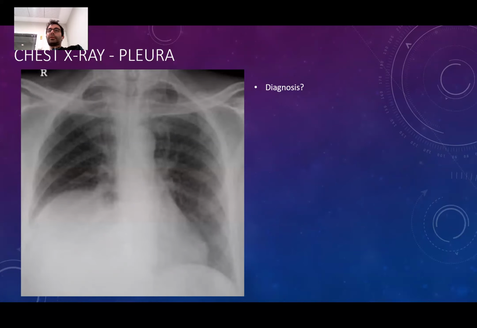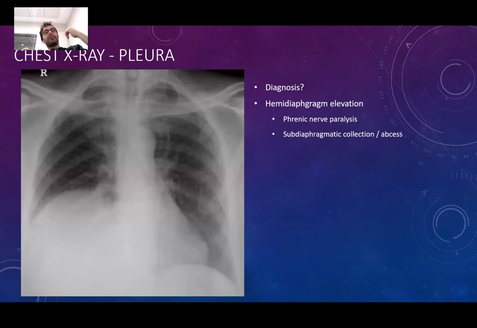But in case of this appearance, we should always also remember the elevation of the hemidiaphragm below it. This happens with phrenic nerve paralysis, because the nerve is paralyzed, it just goes up. And also when there's some subdiaphragmatic collection, like some abscess in the liver, for example, it lifts the hemidiaphragm.